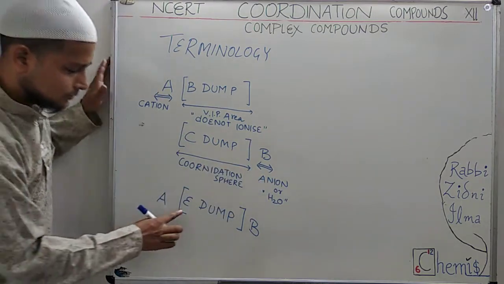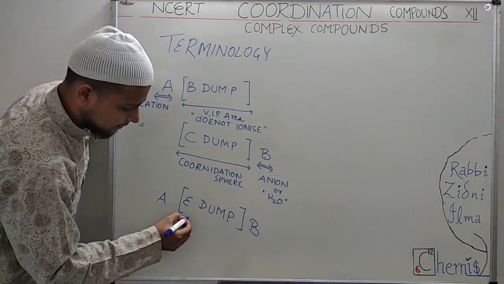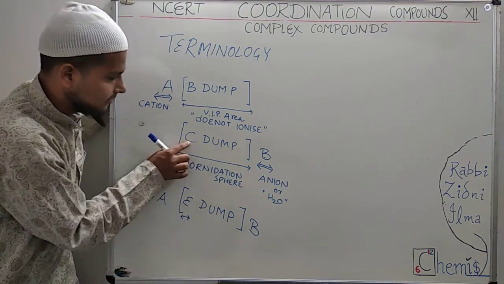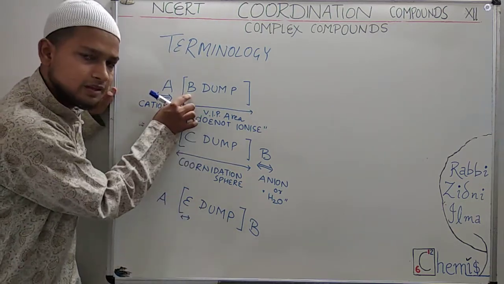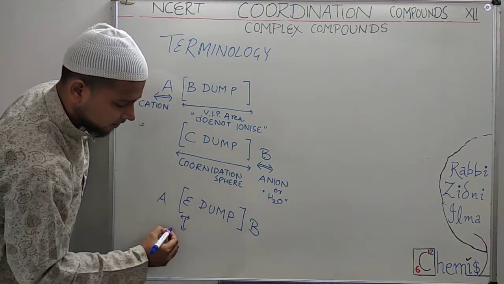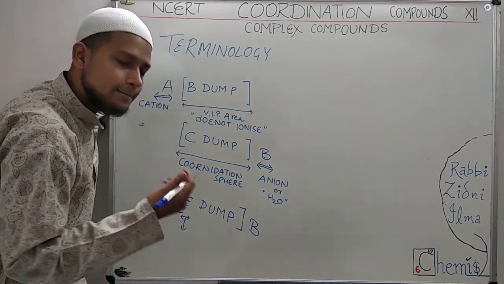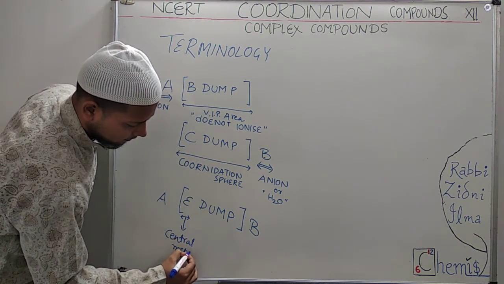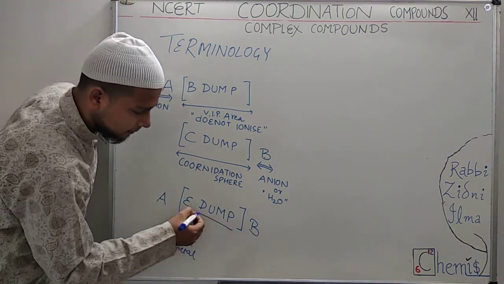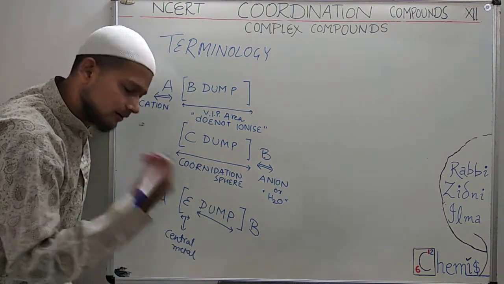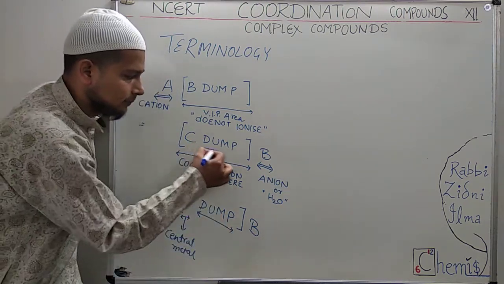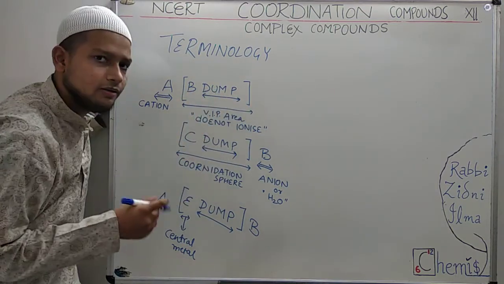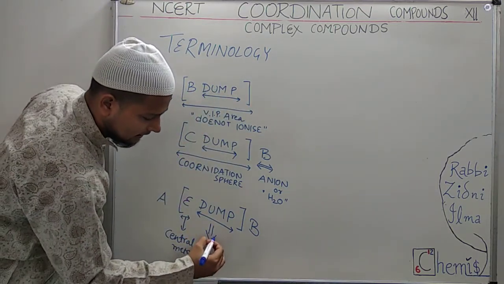Now the first element present in this coordination sphere is E in this case, C in this case, and B in this case. So C is our central atom, our central metal, and anything after the metal, this dump, will be called ligands.